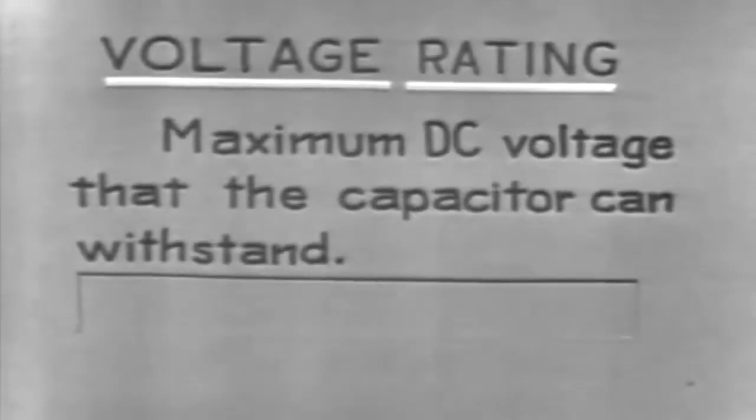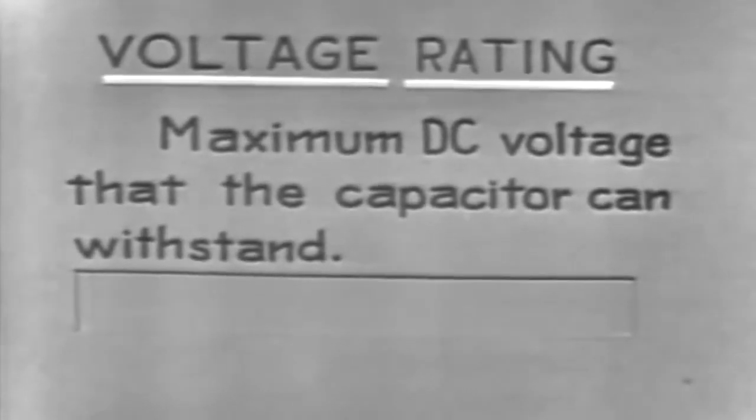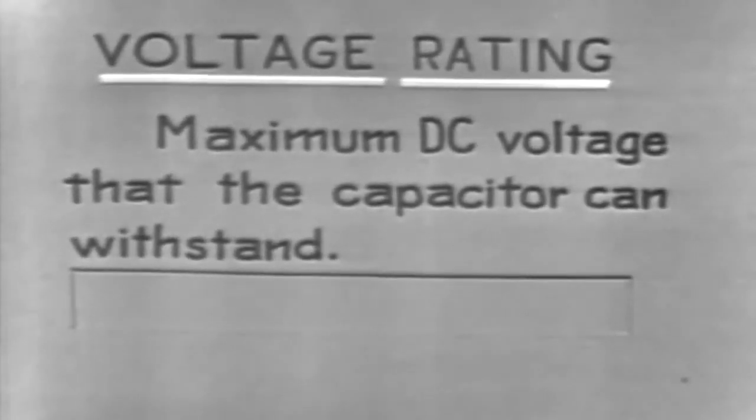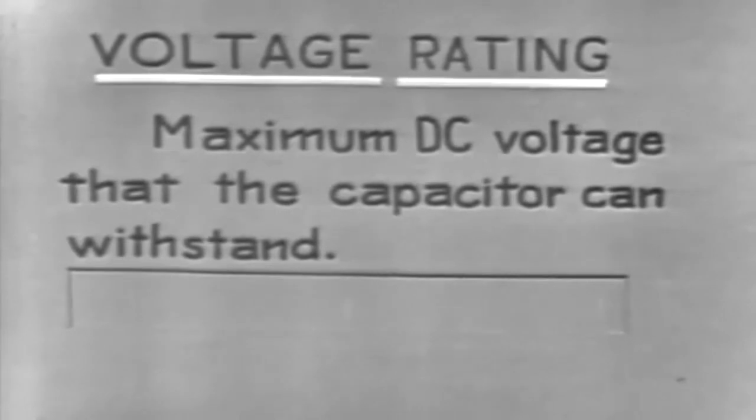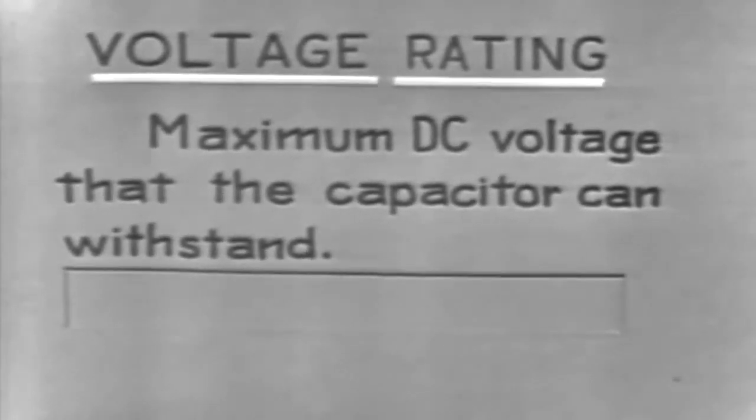The final area I want to discuss with you is this, the voltage rating of the capacitor. Voltage rating can be defined as the maximum DC voltage that the capacitor can withstand.